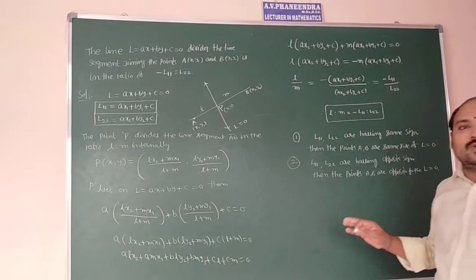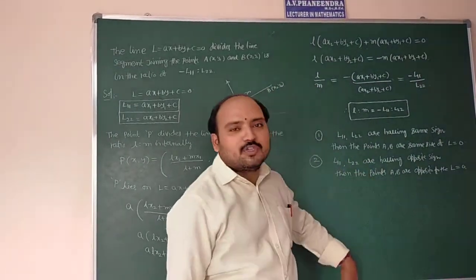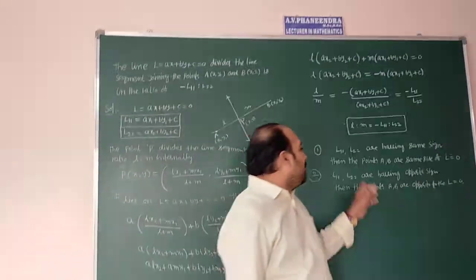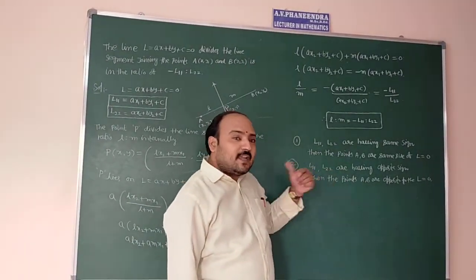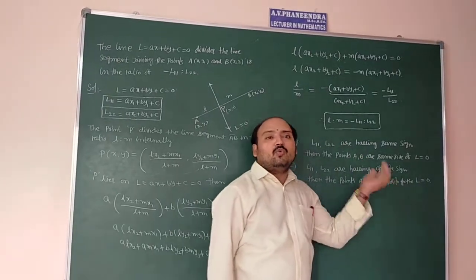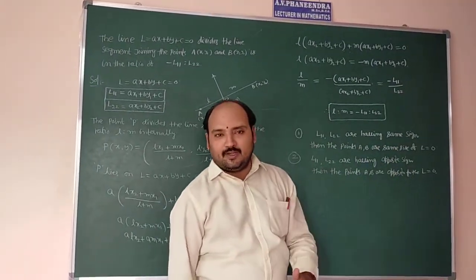Like this, you have to tell that. To state whether the points are on the same side or opposite sides of the line L equal to 0, based on the signs of the values of L11 and L22, we decide whether the points are on the same side or opposite sides of the line.